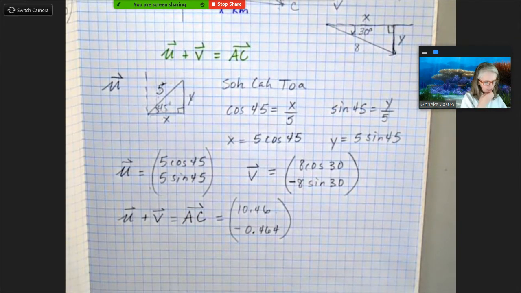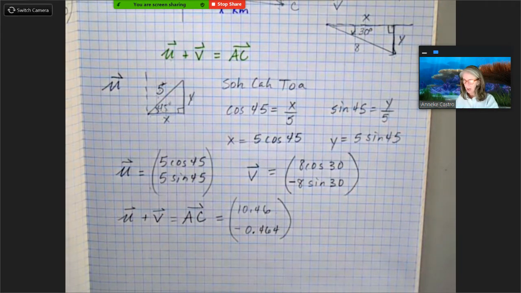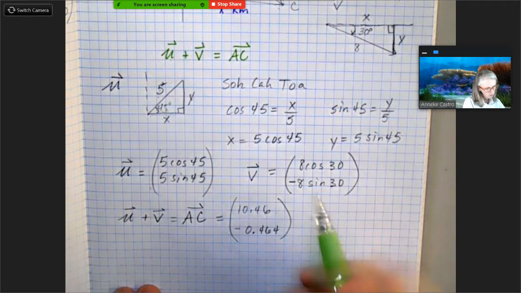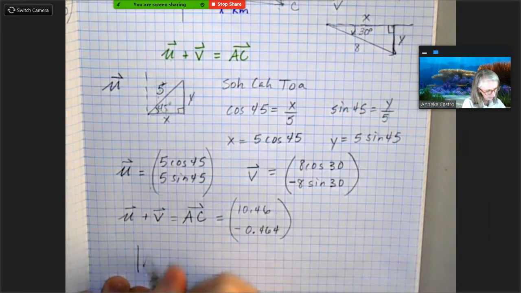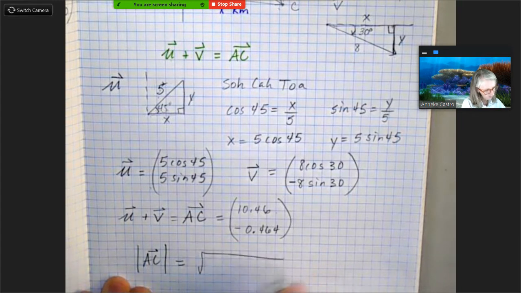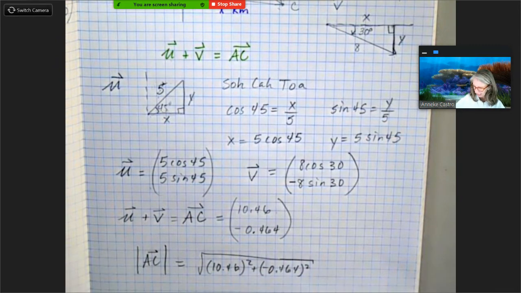Okay, so now I have these numbers, and now I need to find the distance. To find the distance, that's just the magnitude. So the magnitude of AC is going to be equal to the square root of 10.46 squared plus negative 0.464 squared. Put that into my calculator.